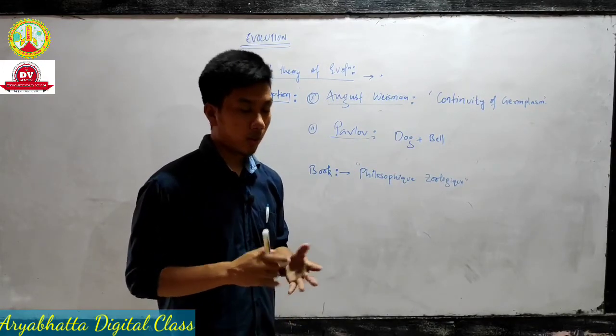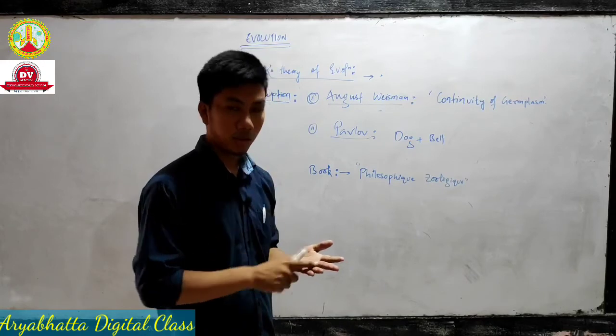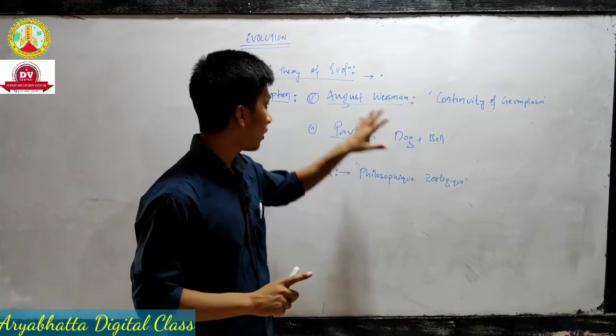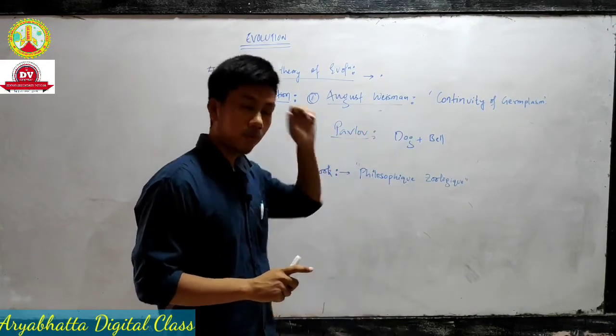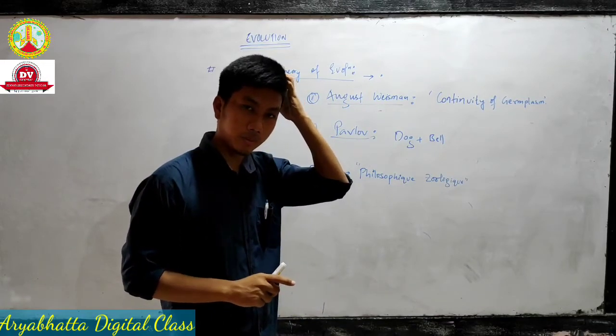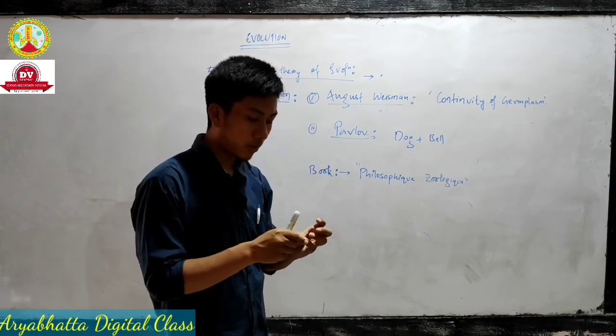That you need to remember. The example that supports Lamarck's is the giraffe. The examples that do not support Lamarck's are those. Remember, I'll give you two examples, but there are many examples. So this is all about Lamarck's theory.